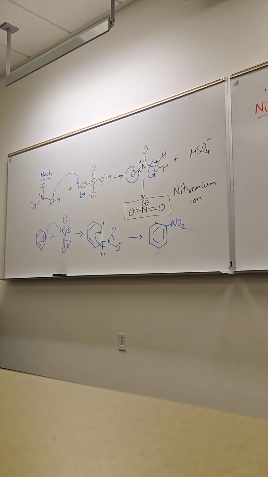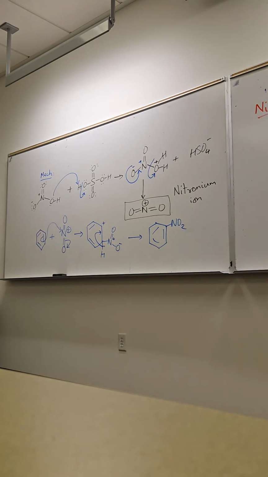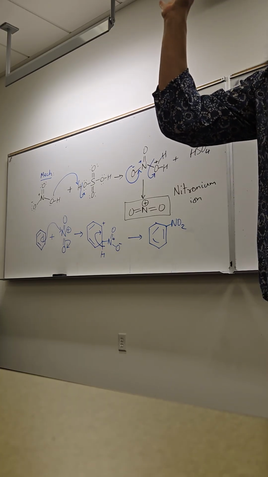That's nitration. Everybody okay with nitration? Please remember, all of these mechanisms are really the same, except the difference from one reaction to the other is how or what is the electrophile. Once the electrophile is clear, then everything is the same.